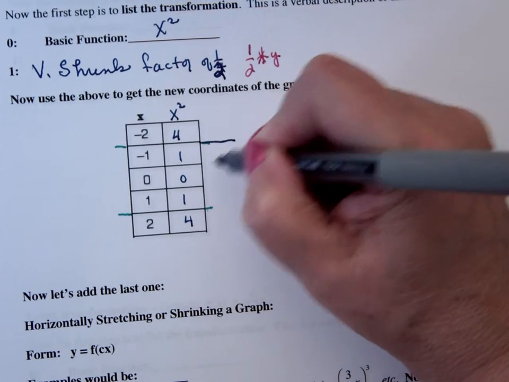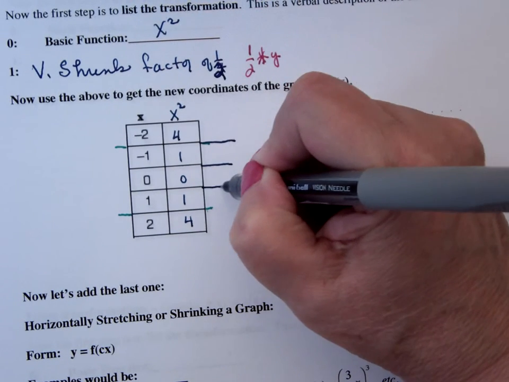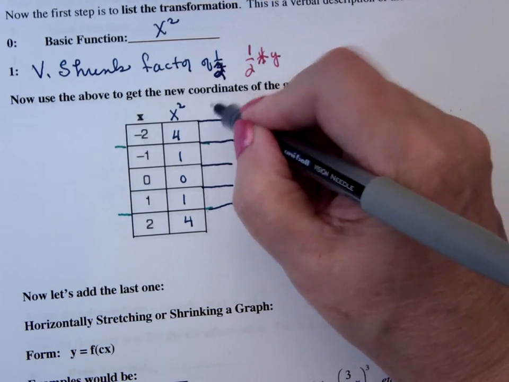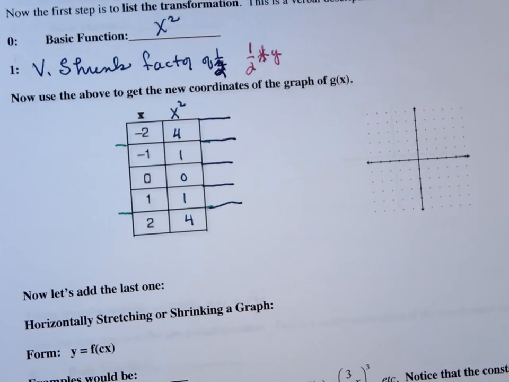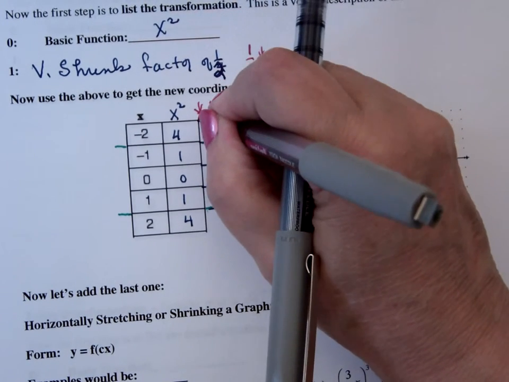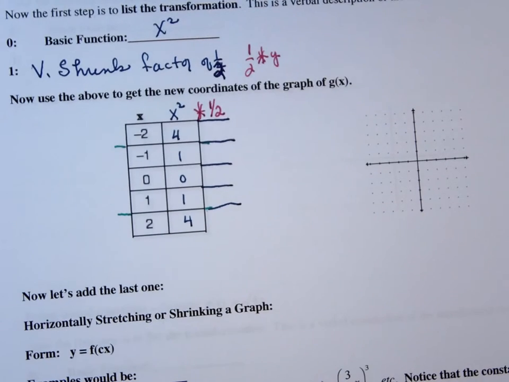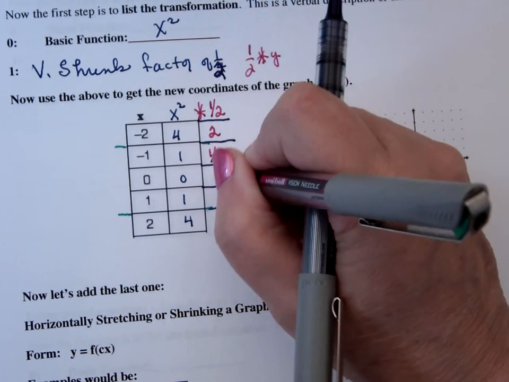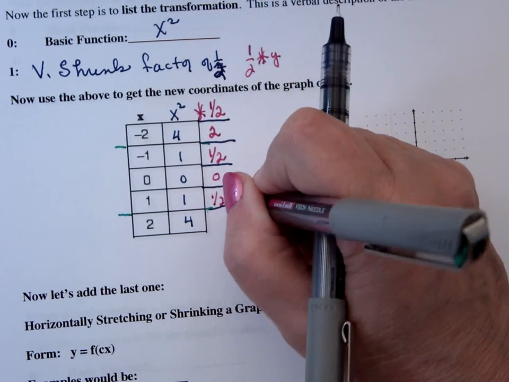So that means on my T-bar chart that I've created, I'm going to multiply the y values, that's the only thing I need to do, by 1/2. So this gives me 2, 1/2, 0, 1/2, 2.